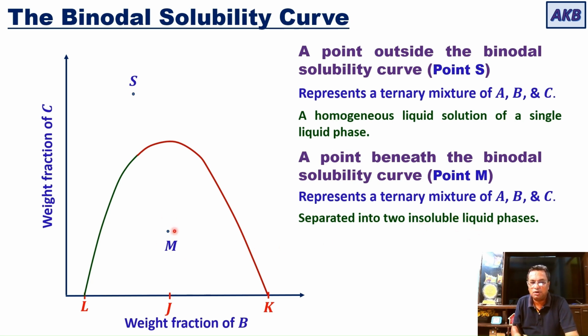That means at all points beneath the binodal solubility curve, you'll be having two insoluble liquid phases coexisting. Whereas at all points outside the binodal solubility curve, you'll be having a homogeneous liquid solution of the three components. There will be only one single liquid phase.